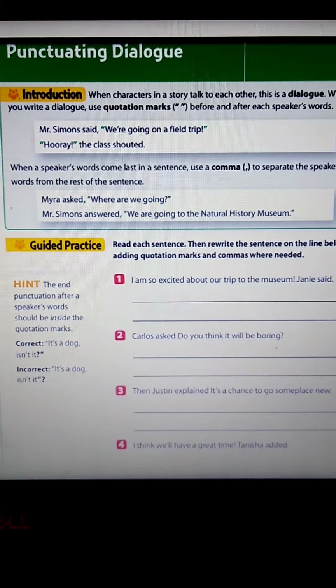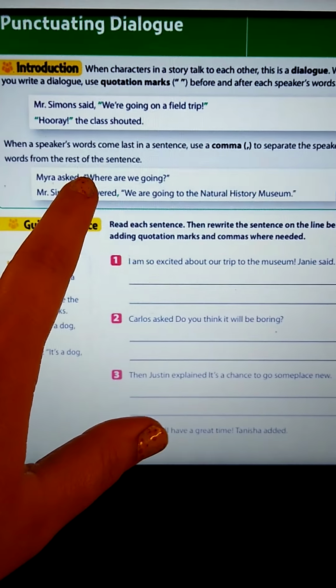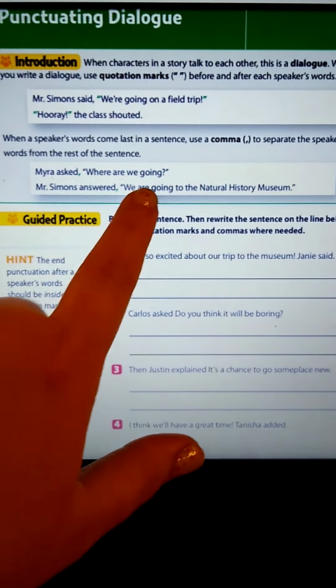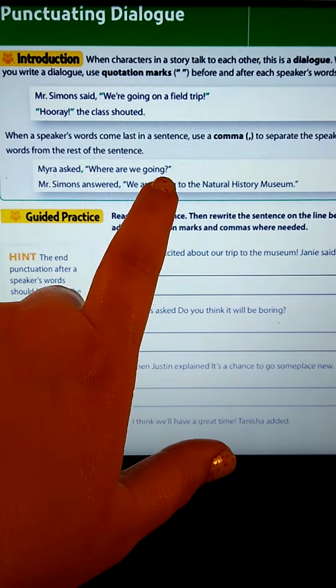So, Myra asked, "Where are we going?" So all she said was, "Where are we going?" But because we were writing it down, we had to say who she was and that she asked it. We gave a comma to separate who said it and their quote.